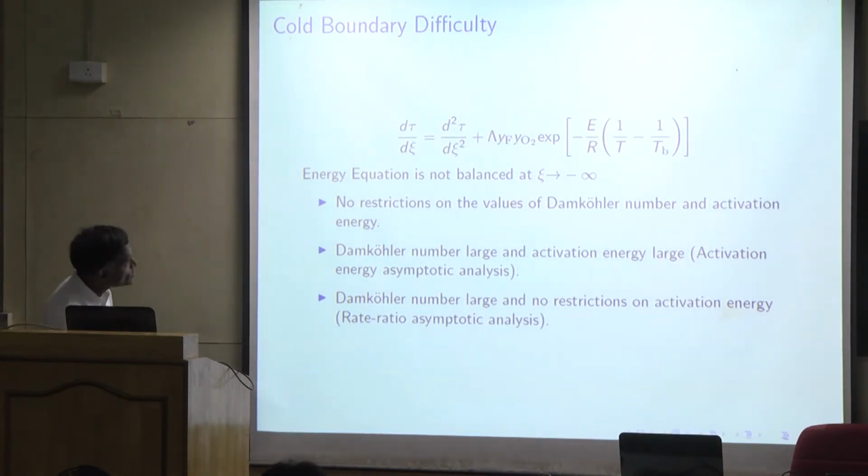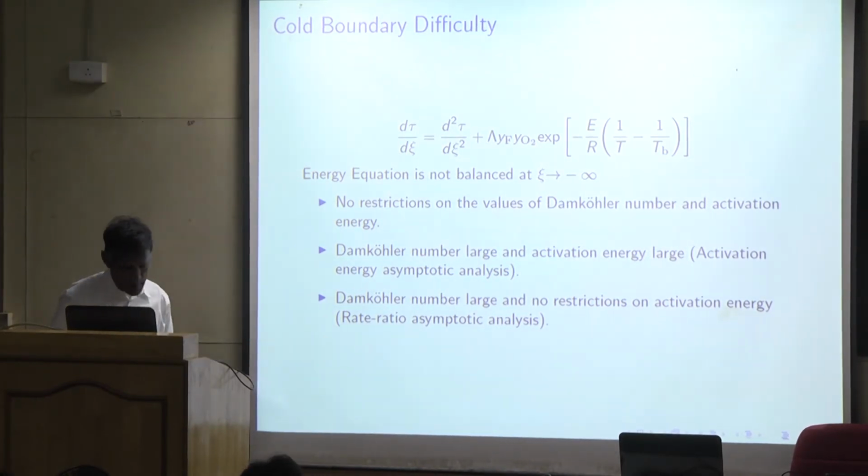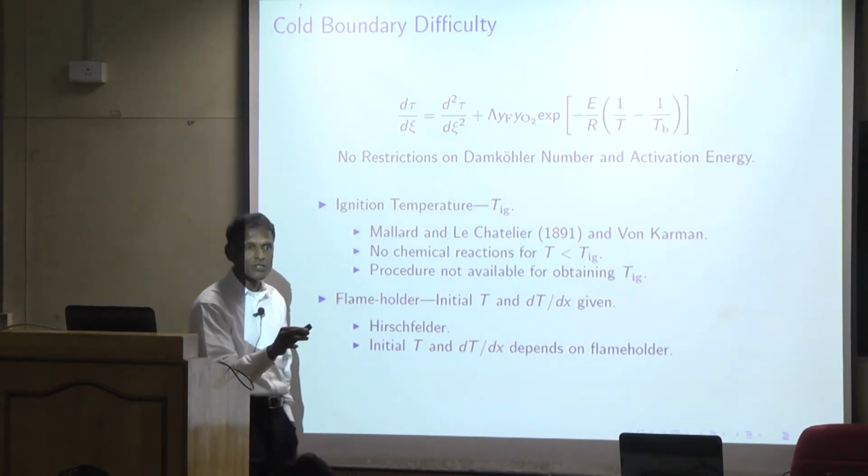So what Hirschfelder said was the following. I go back further to Mallard and Le Chatelier and von Karman. What Mallard and Le Chatelier said, in 1891, and von Karman, was that they postulated the existence of an ignition temperature.